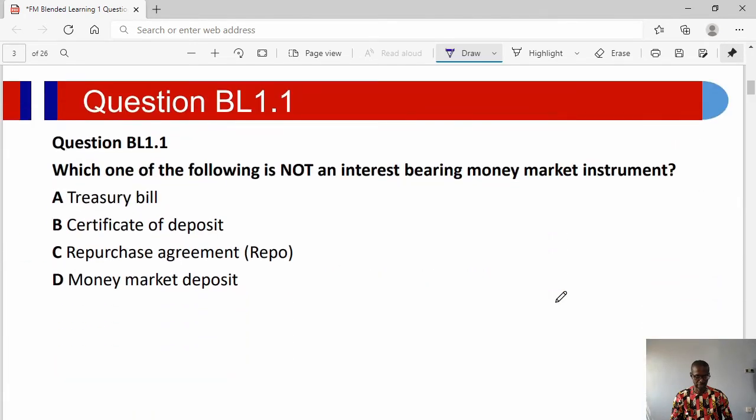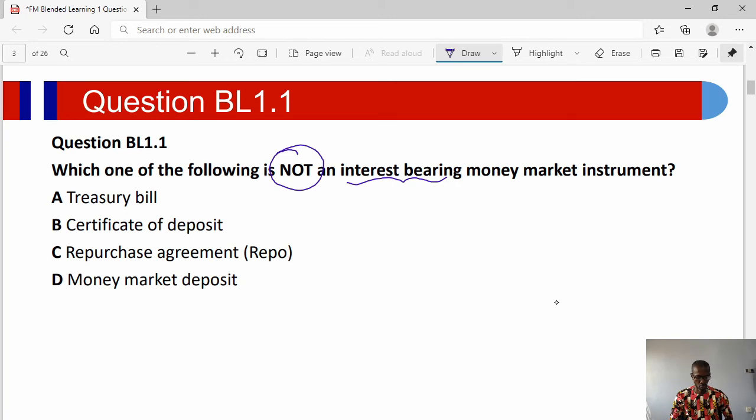Now, in the blended learning 1, question 1, so it's question BL1, that is blended learning 1, question 1. The question goes like this: which one of the following is not, and I have to circle this one, is not an interest-bearing money market instrument?